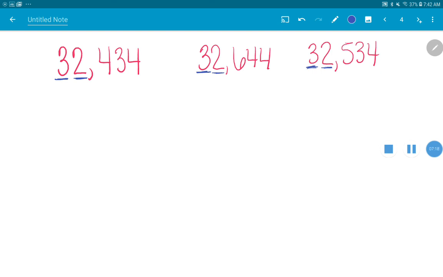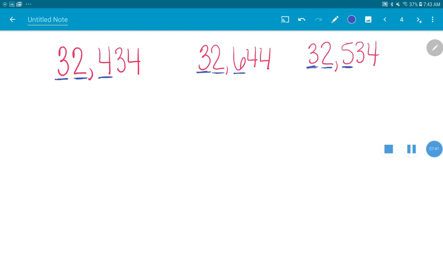That also doesn't help me. So I just have to keep moving to the right until I find a digit that has a value that is not the same. So I'm going to move on to my hundreds: 400, 600, 500.